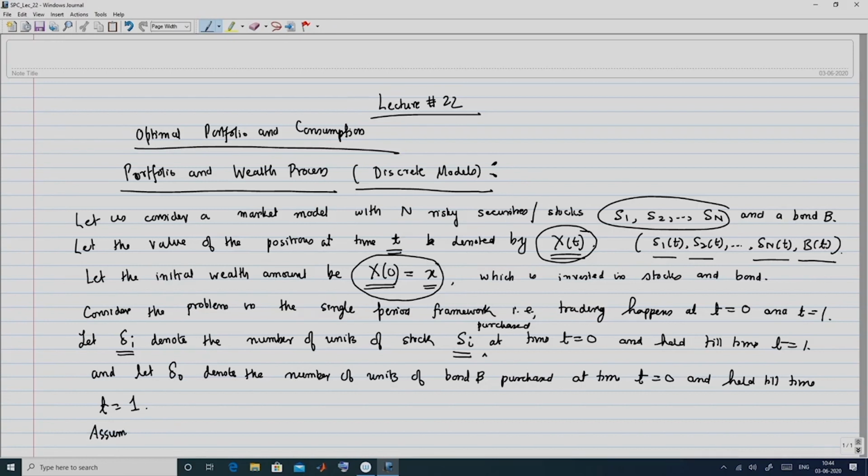So, the assumption is that there are no transaction costs.